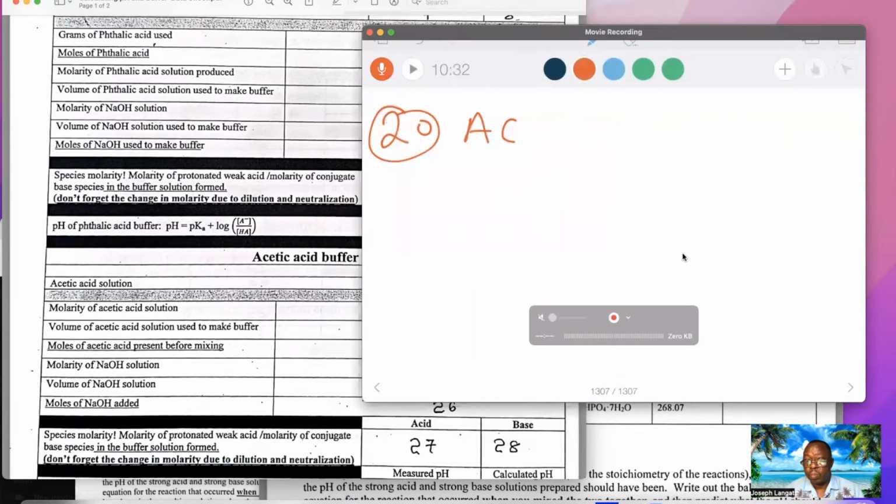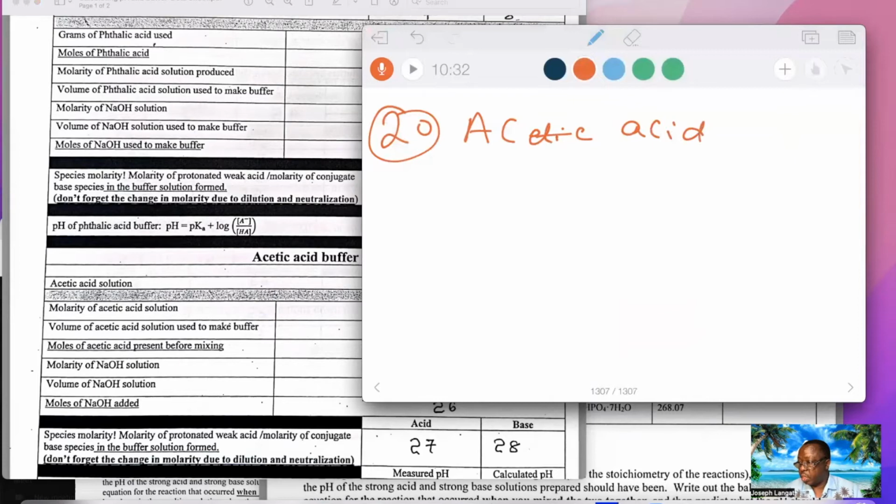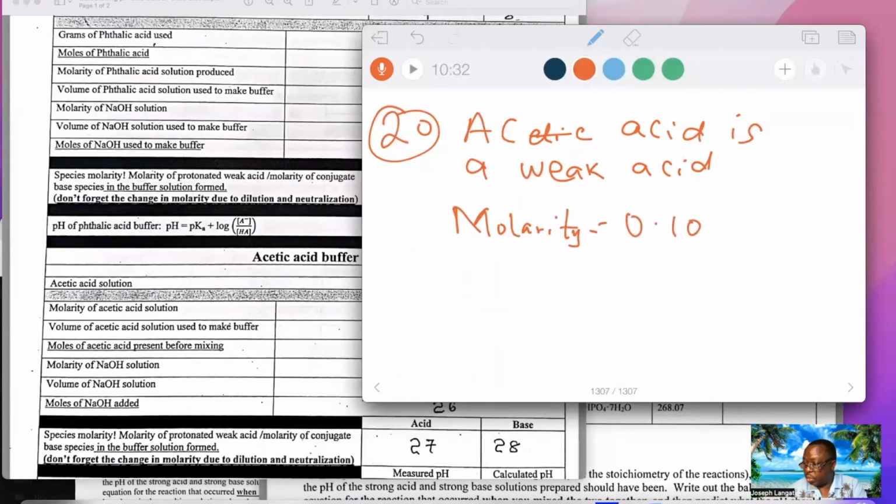Acetic acid, you need to know acetic acid is a weak acid. You use the molarity, which is 0.100 molar. And by the way, acetic acid is CH3COOH. This is acetic acid.